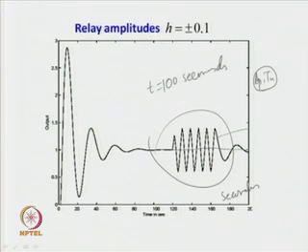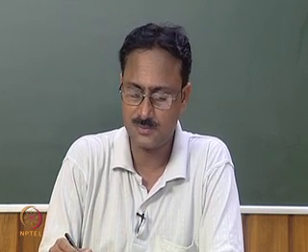If you draw a line like this, of magnitude unity, then we see that the output signal is a symmetrical output signal. This symmetrical output signal is obtained with the relay settings of h equal to plus minus 1.